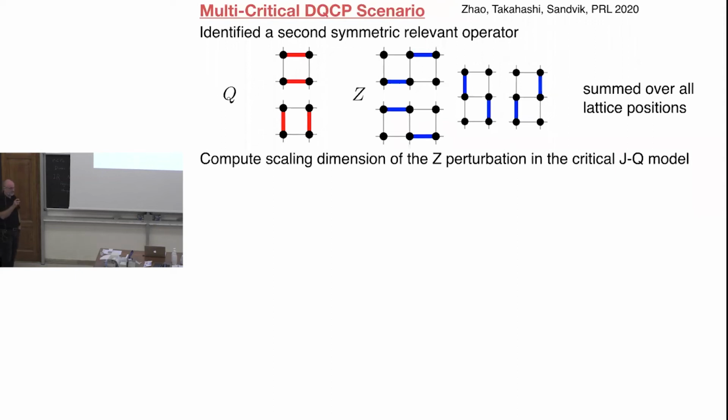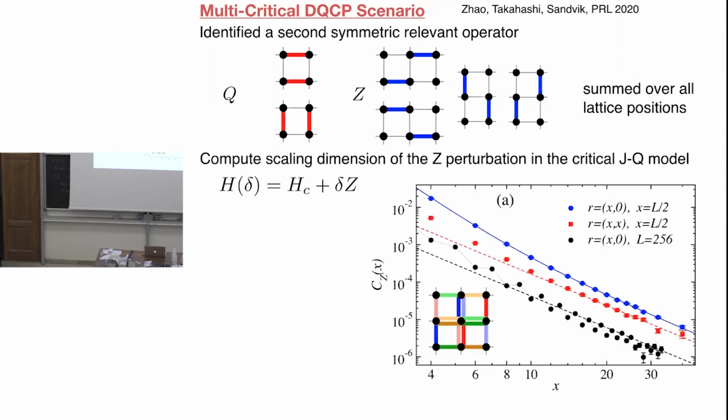We just sit at the critical point, but we can compute the correlation function of these operators that give us the scaling dimension. So we look at some critical point, and we imagine that we add that with some small delta. In the end, we just need to know the effect of that. We just compute the ZZ correlation functions.